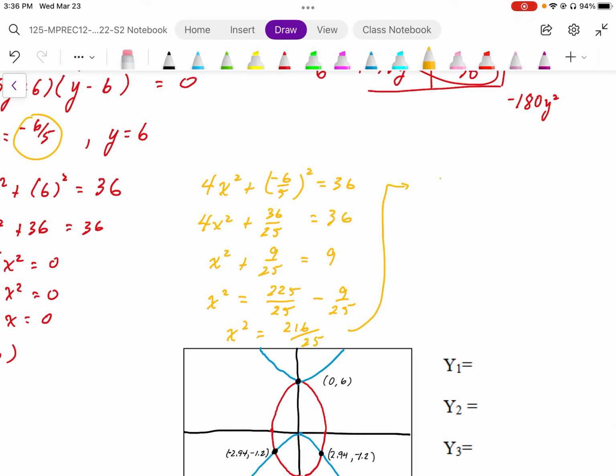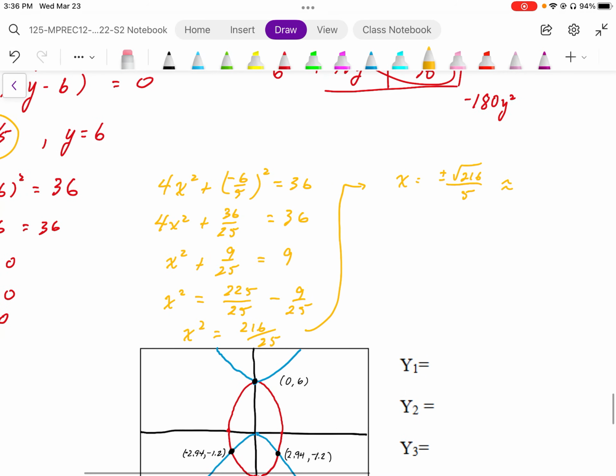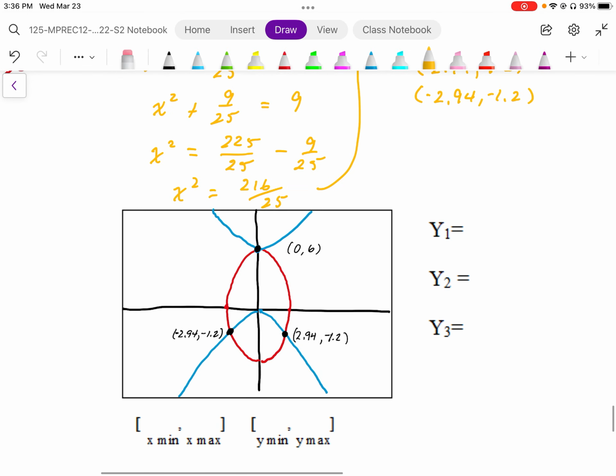Okay, so when we simplify this, we end up with x equal to plus or minus the square root of 216 over 5, and that's approximately equal to, as a decimal value, plus or minus 2.94. So then the other solutions are going to be at positive 2.94 and negative 1.2, and the other solution is going to be at negative 2.94 and negative 1.2. That was our negative 6 over 5 value. And again, we can see this showing up on our graph.